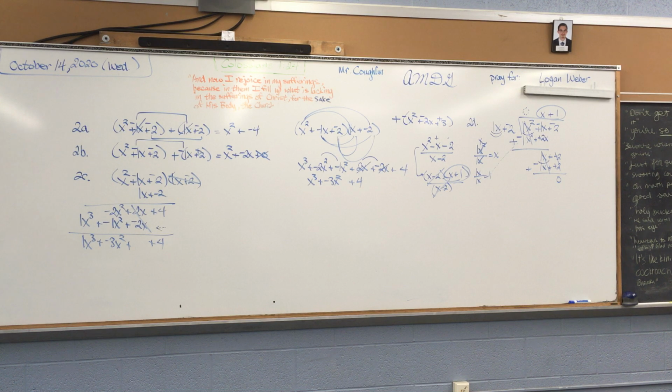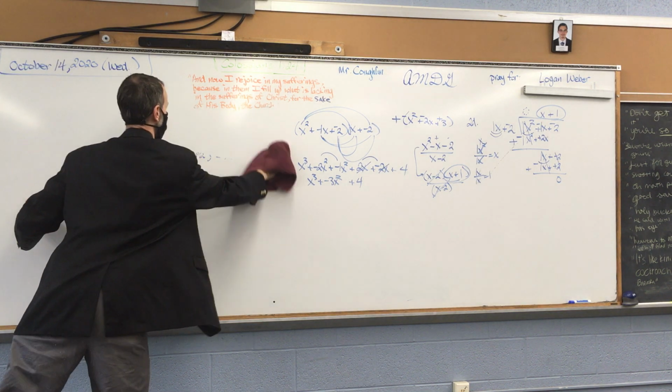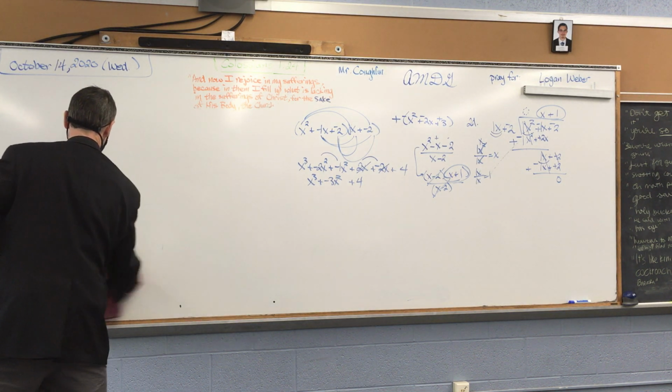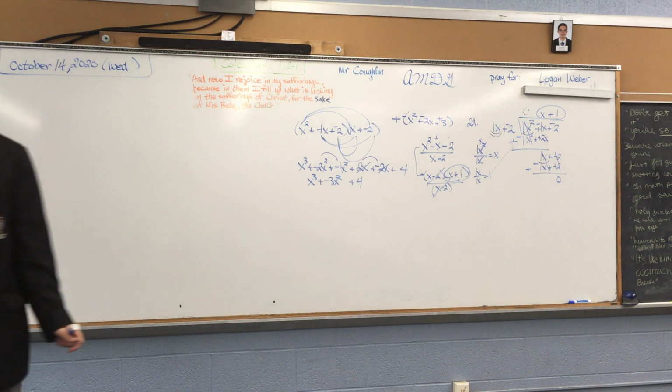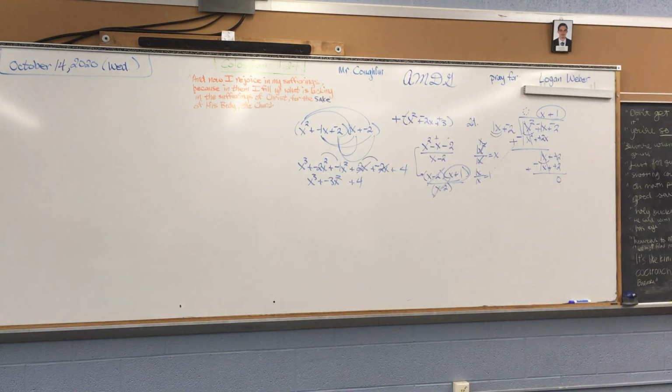Next question. Number 7. If possible, express as an integer. Let's try it. I will suggest to you that factoring is going to be one of your best friends in this particular problem. If you can factor, do it.